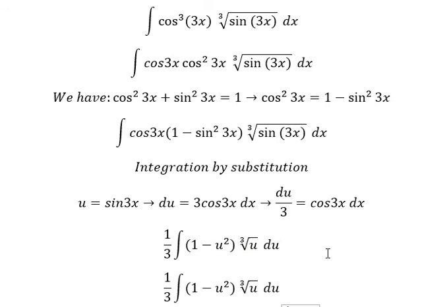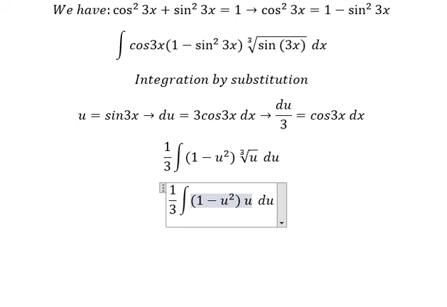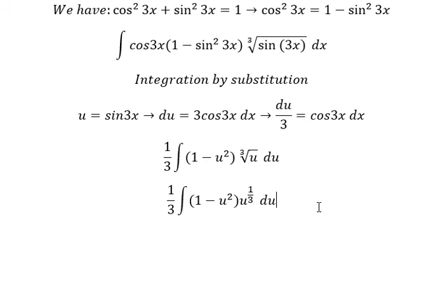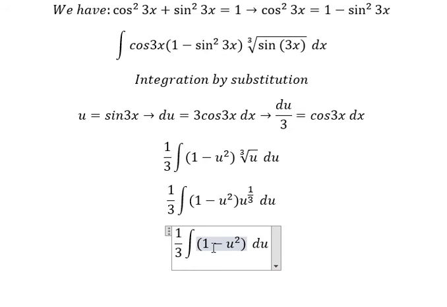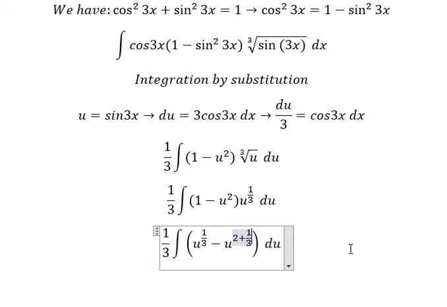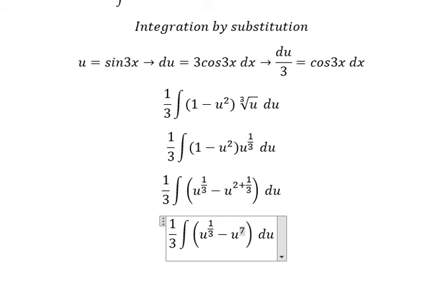Next, about this one, we can change it into u to the power of 1 over 3, and this one multiplied by 1 and u squared. So for this one, you will have 7 over 3.